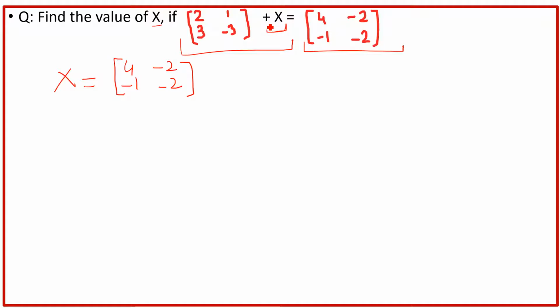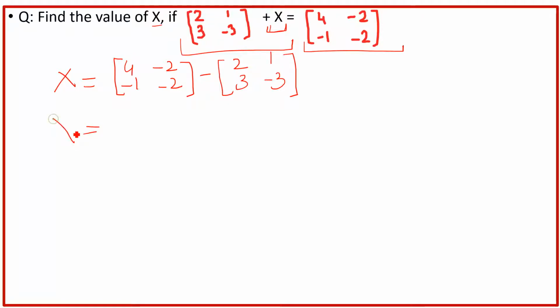So the inverse of positive is negative. It means you have to take this matrix to the other side of the equation, which is the right hand side, and its sign will change to negative. So it will be negative 2, 3, 1 and negative 3. How easy it is, right?